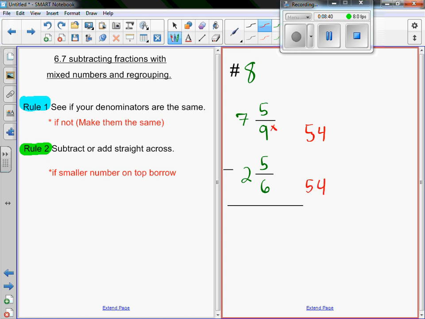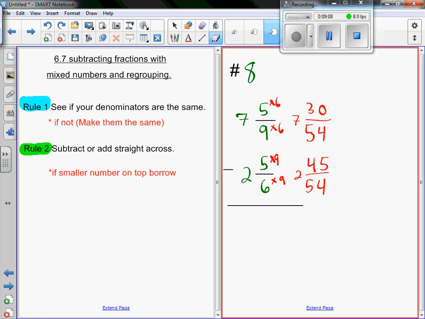This one's easy. 9 times 6 is 54, and 6 times 9 is 54. So now I have to do the same thing to the top. 5 times 6 is 30. And on the bottom, 5 times 9 is 45. Okay. My 7 and 2 are going to stay the same.